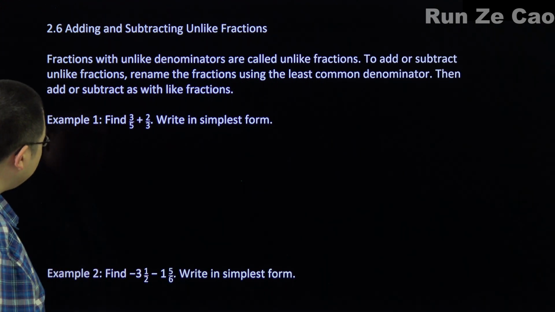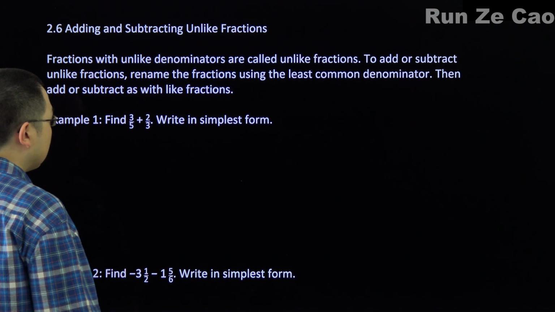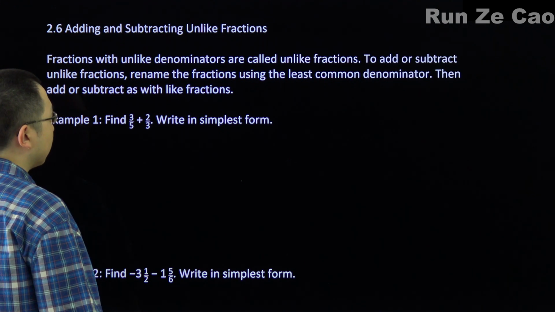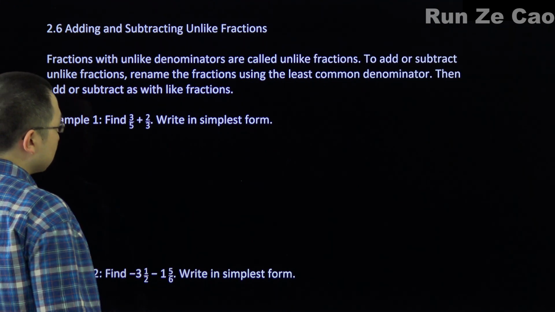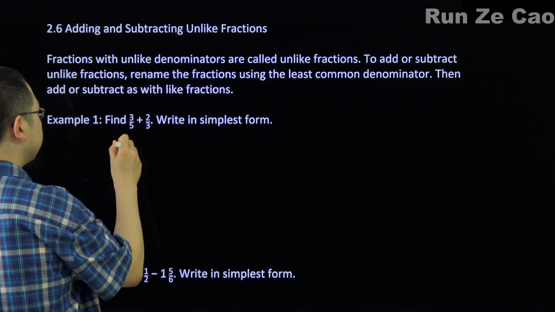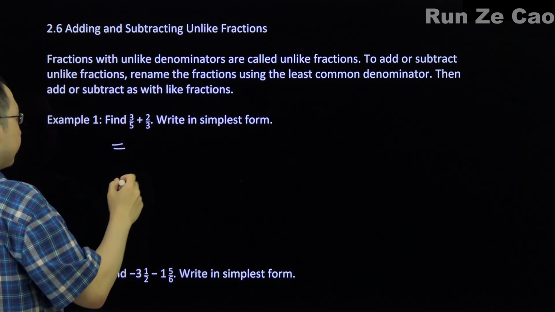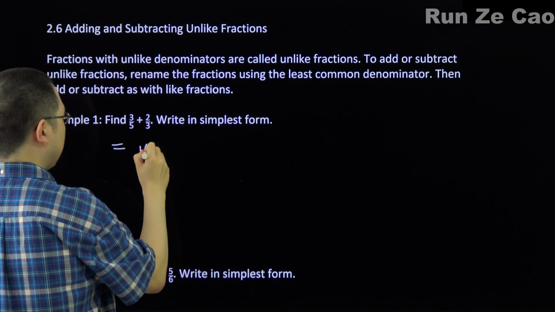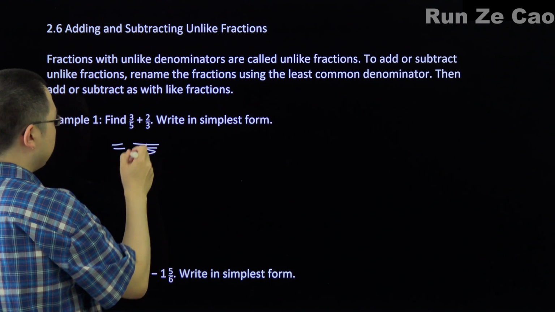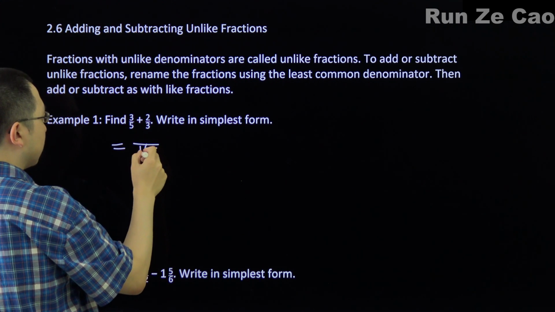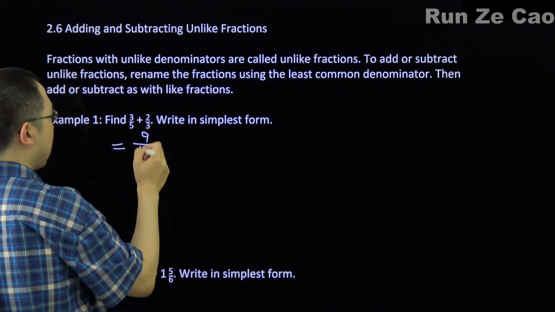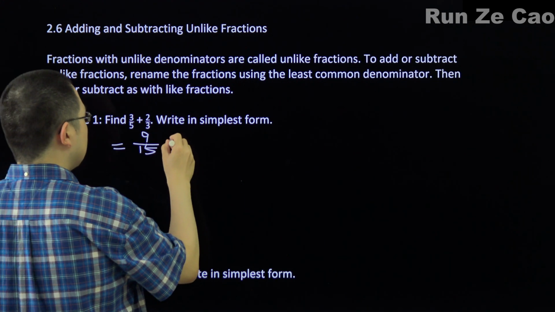So 3 over 5 plus 2 over 3. Well, 5 and 3 are prime numbers, so you just got to multiply the two. So this is over 15 now, and that would be, because 5 times 3 is 15, 3 times 3 would be 9 for the new numerator.